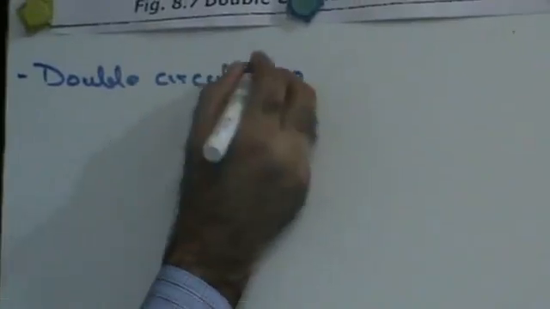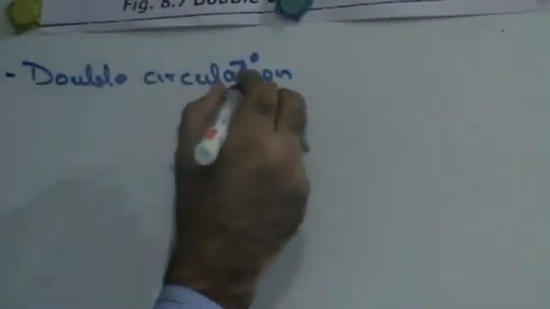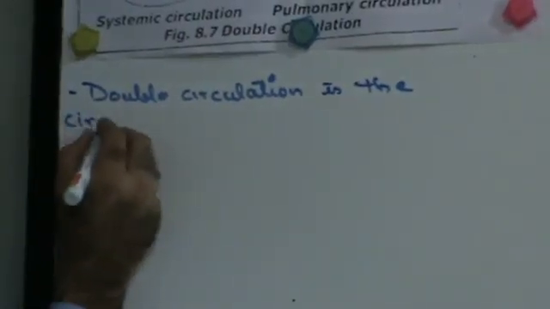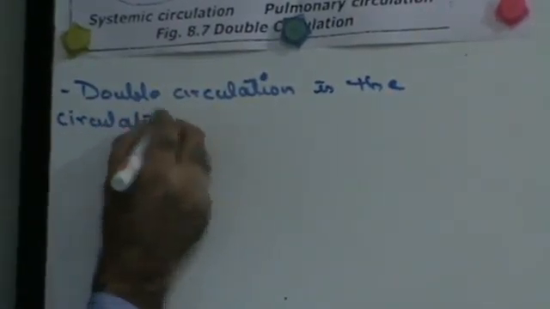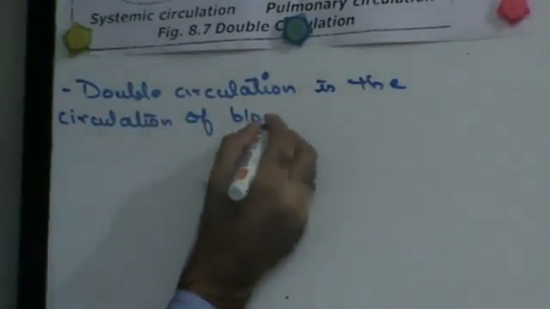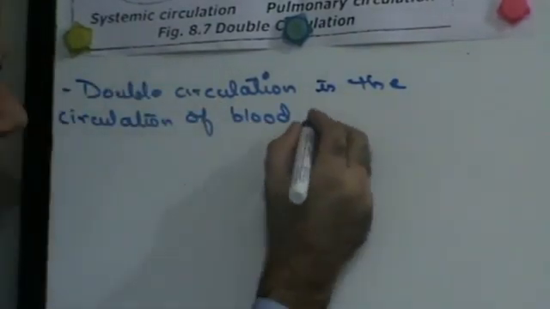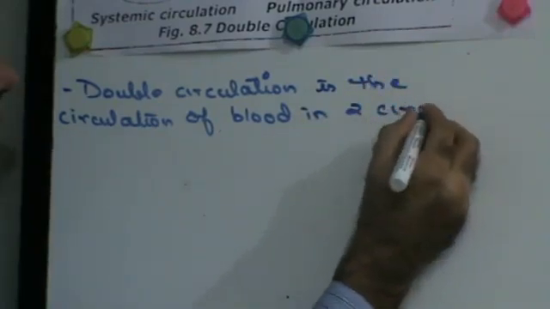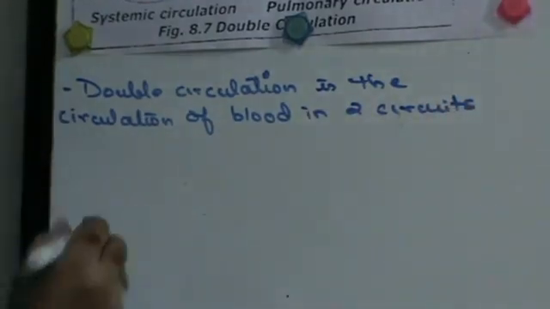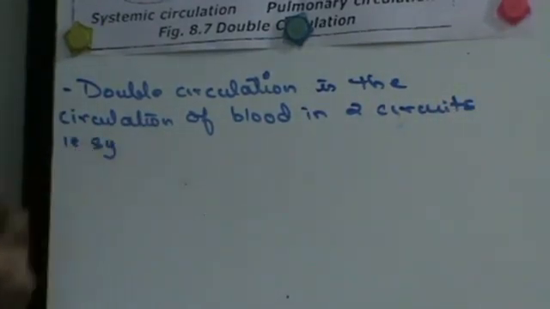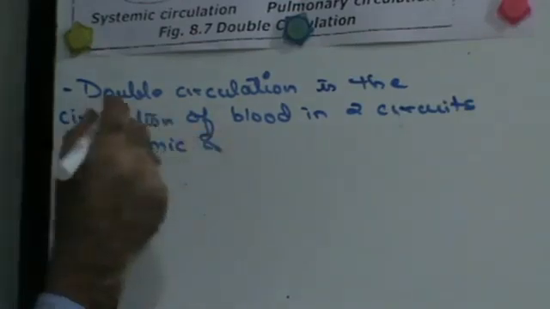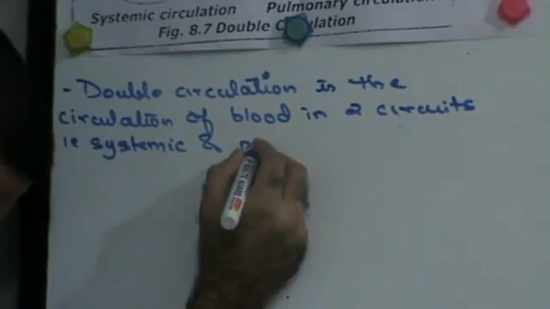Double circulation is the circulation of blood in two circuits, that is the systemic circuit and the pulmonary circuit.